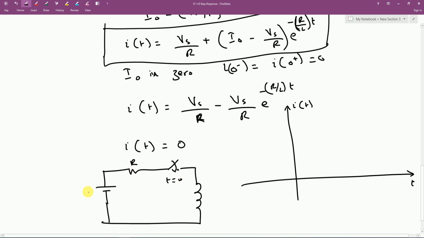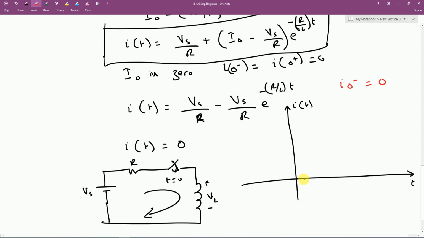We have this resistance R, this voltage source Vs, and the voltage across the inductance VL, and some current flows after time t equal to 0. Prior to time t equal to 0, which is I0 negative, the current was equal to 0 because the switch is open and there is no other initial condition. At time t equal to 0, the inductor will try to retain the amount of current that it was holding before.